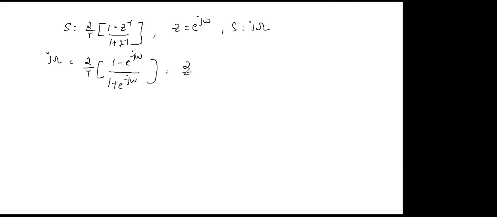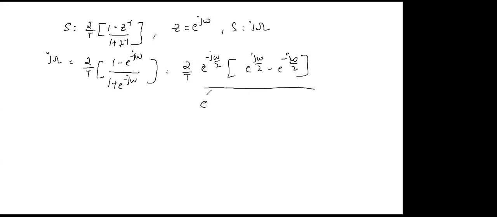That is 2 by T. Take e to the power minus j omega by 2 common in the numerator. What will we get? e to the power j omega by 2 minus e to the power minus j omega by 2. Similarly, take e to the power minus j omega by 2 common in the denominator. What will you get? e to the power j omega by 2 plus e to the power minus j omega by 2.